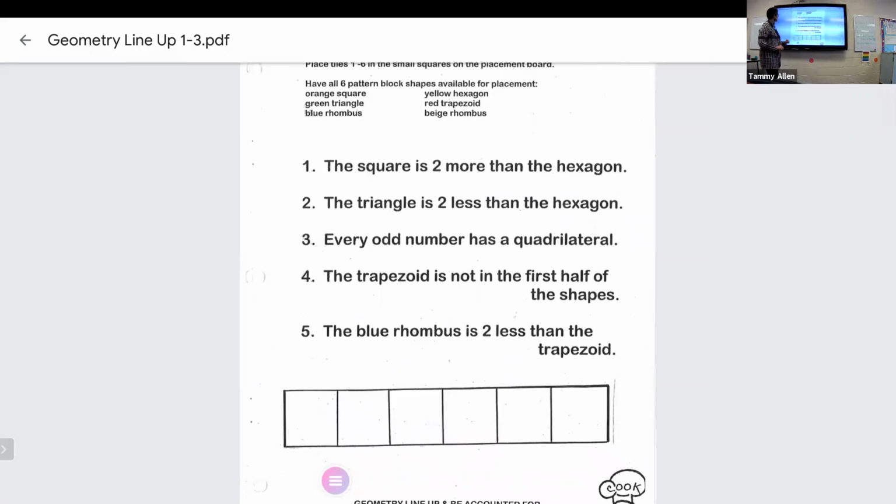You need the square, triangle, blue rhombus, hexagon, trapezoid, and beige rhombus.